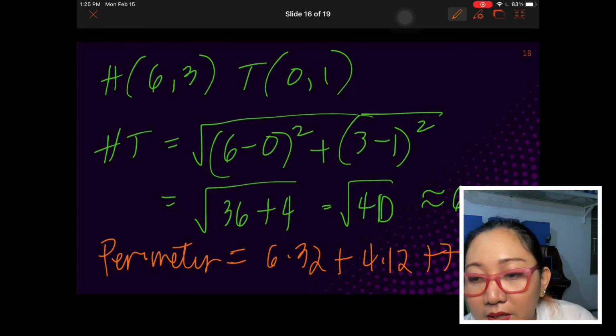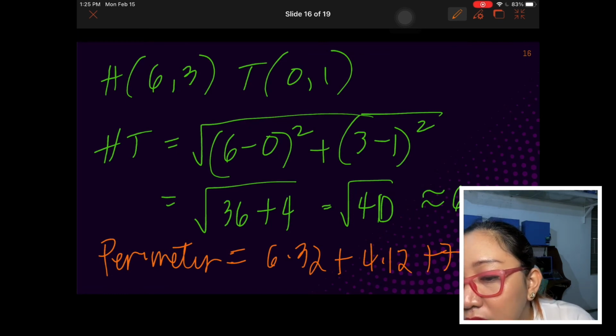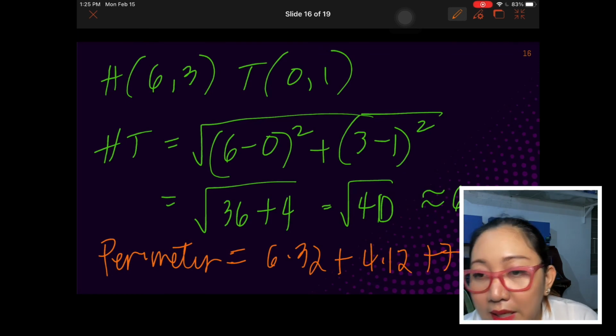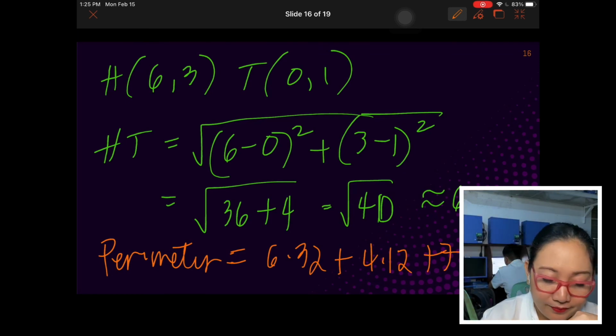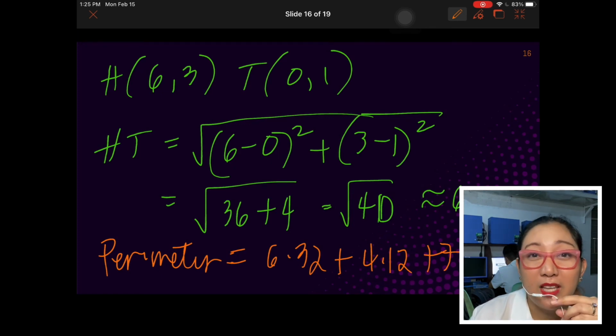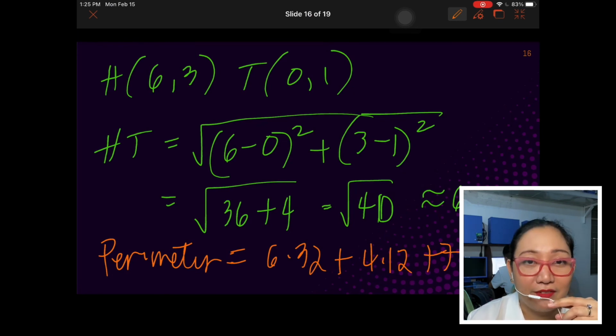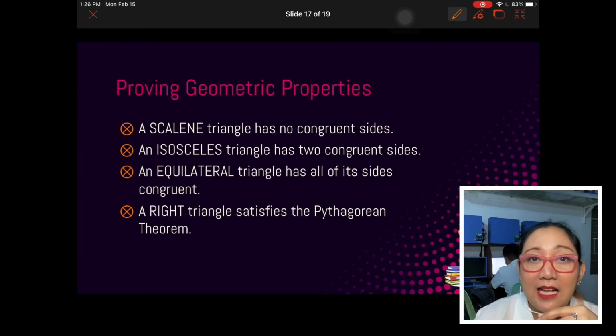At ang makukuha natin ay 18.25. Okay? So, yan po ang ating perimeter. Wala naman tayong binigay na unit, so, yan na lang po yung lalagay nyo. 18.25. Okay? So, yan lamang po yung sa calculation part.